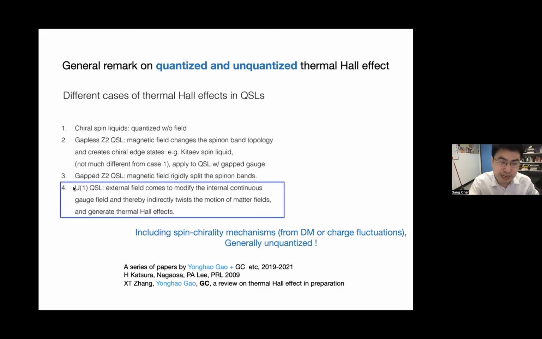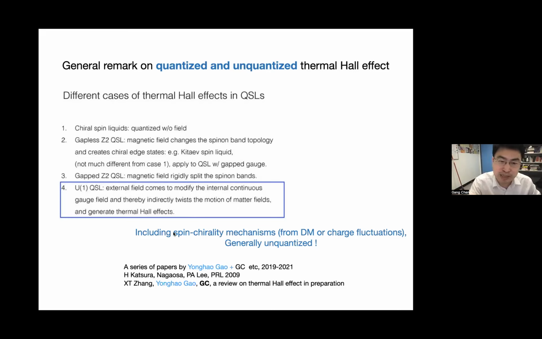The more interesting case, or I believe probably the more interesting case, is this U1 spin liquids, where the gauge sector is continuous rather than discrete Z2. So the external magnetic field, in the most interesting case, comes in and modifies the internal continuous U1 gauge part of the action, and thereby indirectly twists the motion of the matter fields like spinon or monopole and generates thermal Hall effects.